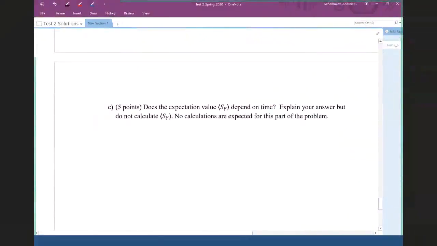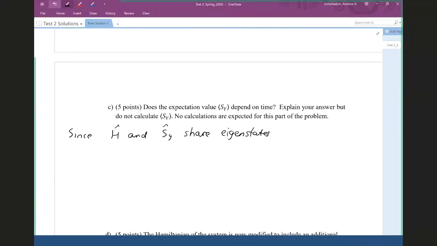So we can write here that since the Hamiltonian and Sy share eigenstates, they commute. The commutator of H and Sy has to be 0.